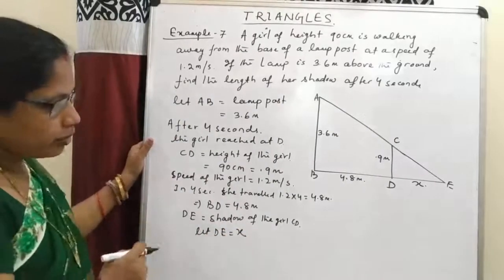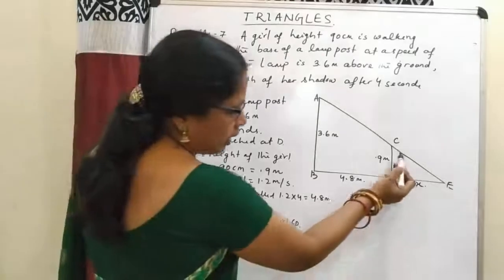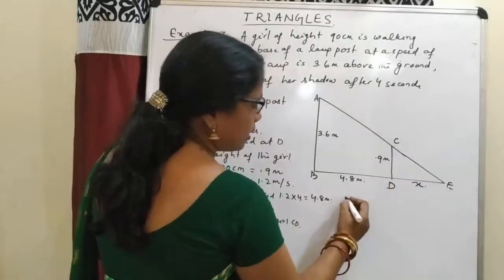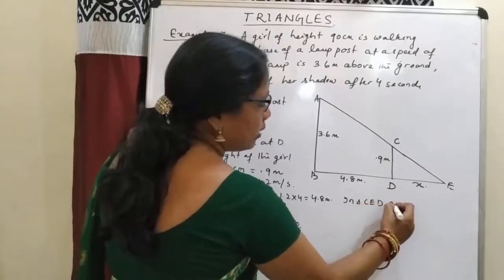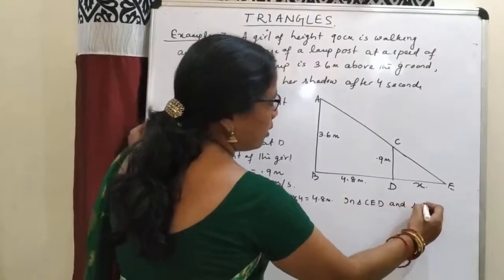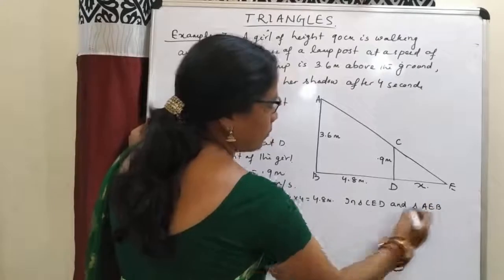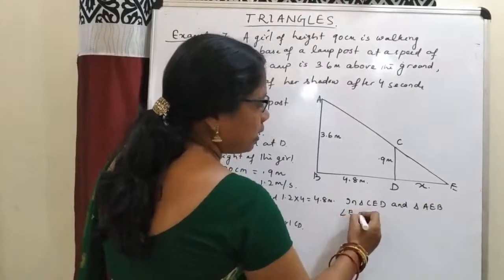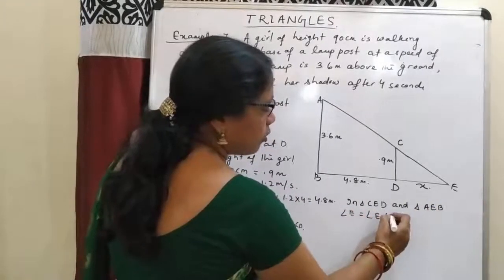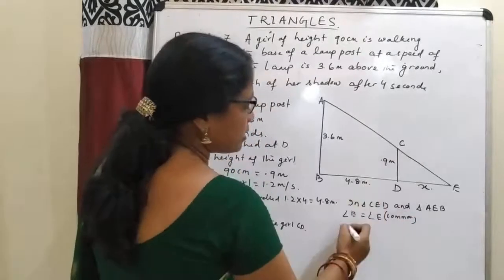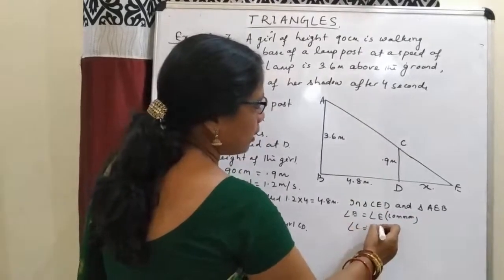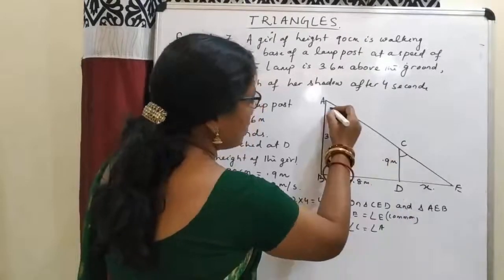Here we have to compare triangle CED and triangle AEB. Angle E is equal to angle E, common. Then angle C is equal to angle A. Why?